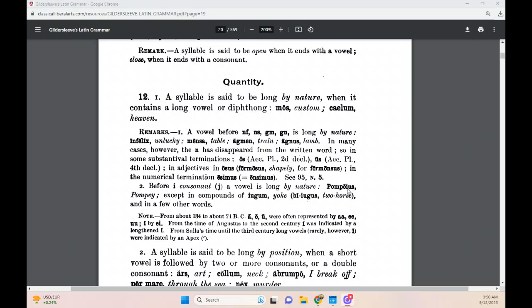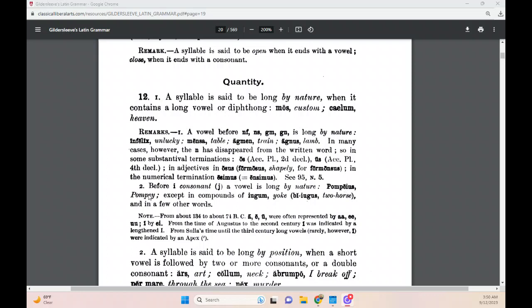That will make this E consonantal. So we'll read this last syllable as use, use, and that E will be consonantal. The vowel that comes before that consonantal E, which is the vowel E, that will be long by nature. So its syllable will be long.